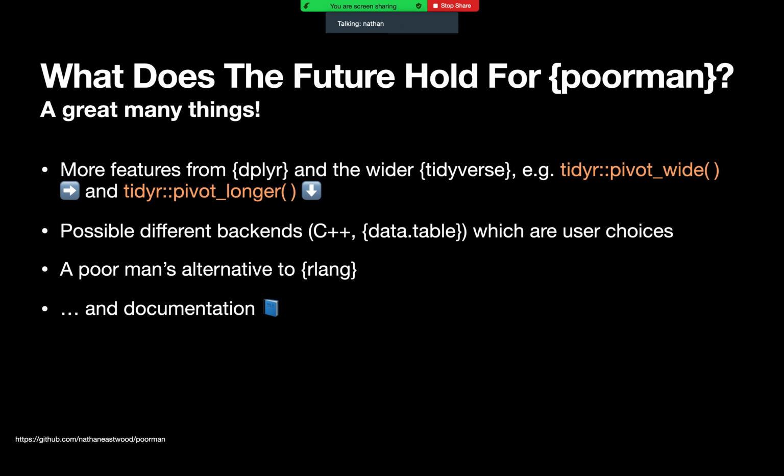There are actually ways in which I can do this in poorman already just using base, with functionality such as substitute, bquote, and all those great non-standard evaluation functions available in base. But I would like to play around with those, improve on them if possible, and then eventually I will have an alternative there. It might not be the same as the way that rlang works, but it will allow you to program using poorman.